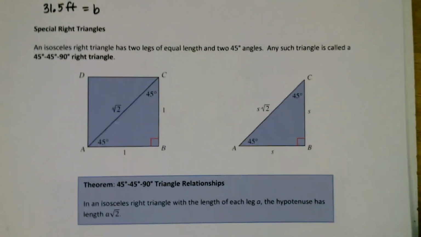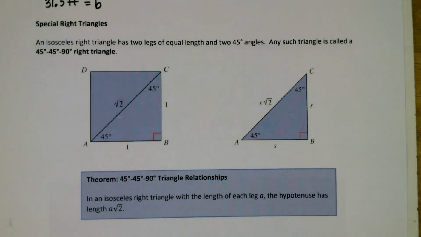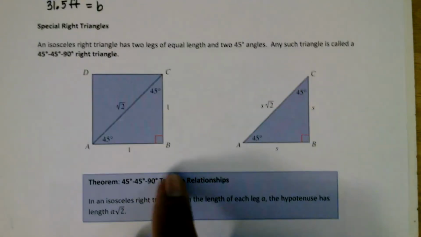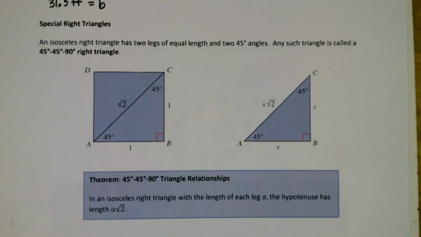Let's look at special right triangles. All right, an isosceles right triangle has two legs of equal length and two 45-degree angles, as you can see in this illustration here. Any such triangle is called a 45, 45, 90 right triangle.